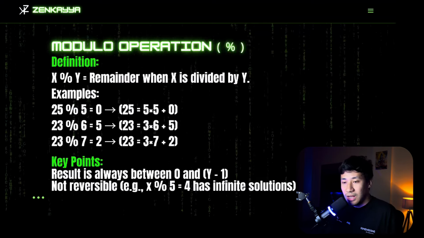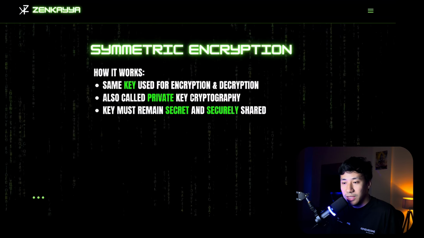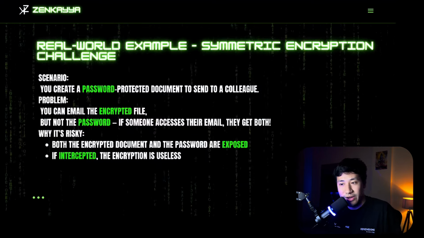In the last video, if you remember, symmetric encryption looks something like this, where Alice is sending a message to Bob and it passes through an encryption method and a decryption method. A shared secret key is common to both encryption and decryption. This is symmetric encryption.